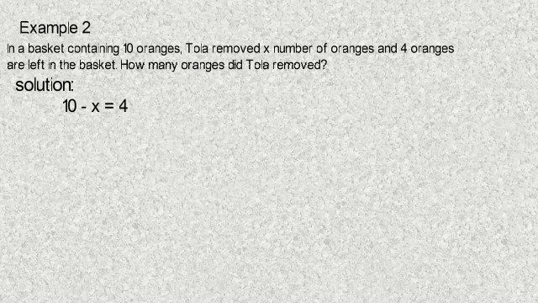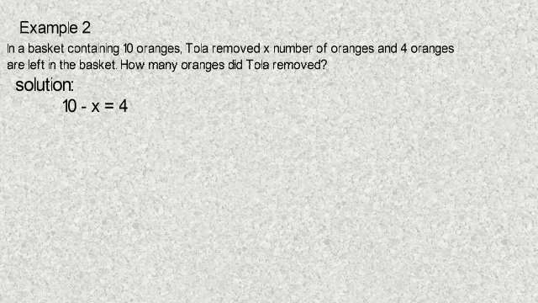So solving this, I have 10 minus 4 equals x. Here 10 minus x equals what? 4. So our x is going to the right and our 4 is coming back to the left. I said when a minus sign crosses over the equal to sign, it changes to plus. So when our x is crossing to the right hand side, it will change to what? Plus. So I have it as plus x, which is the same thing as x.